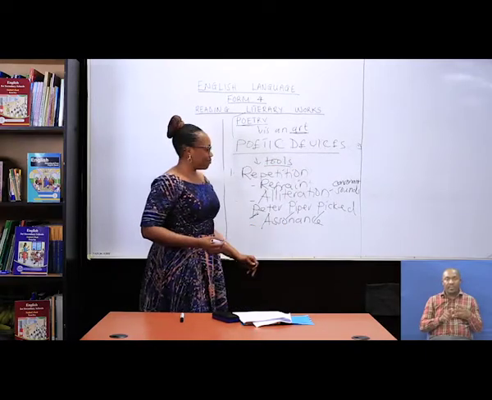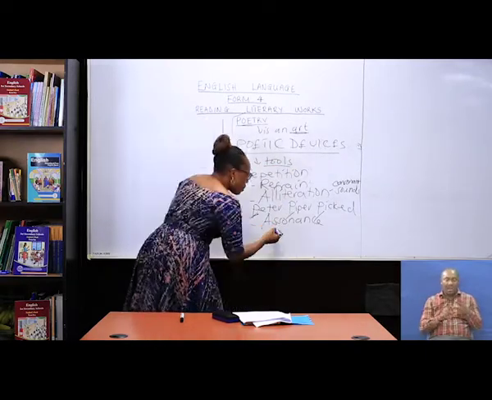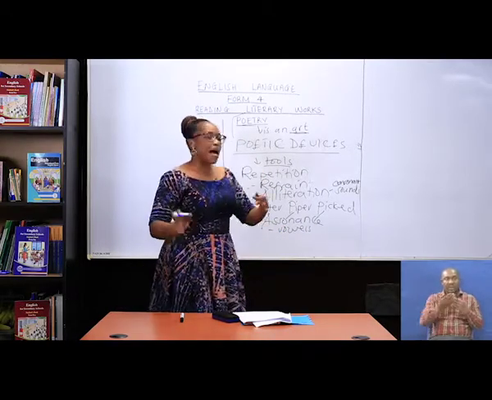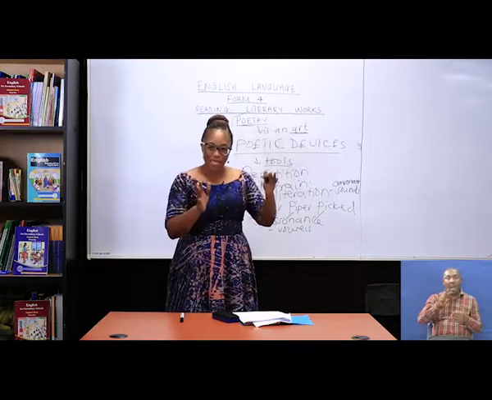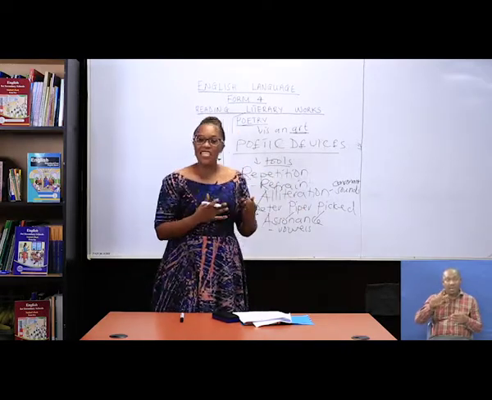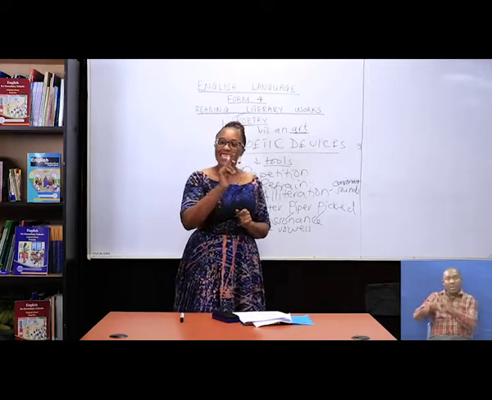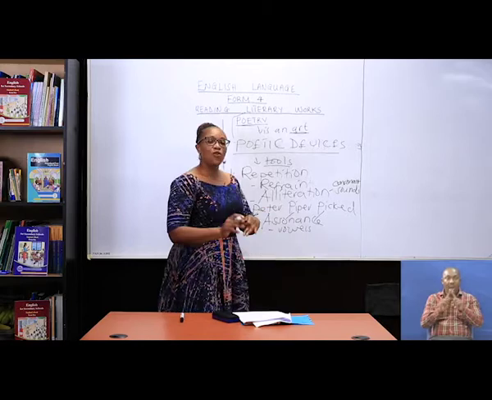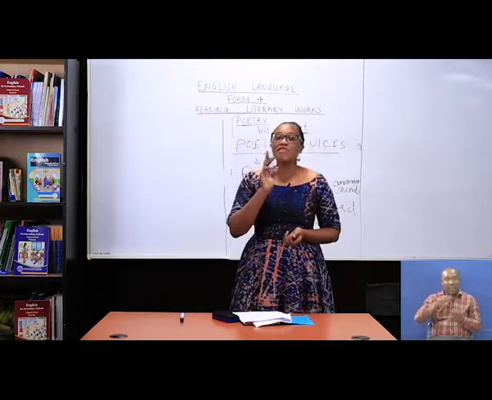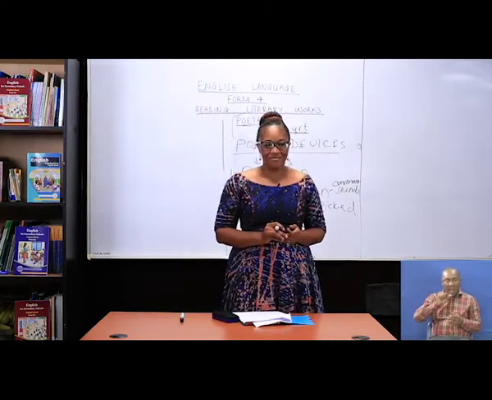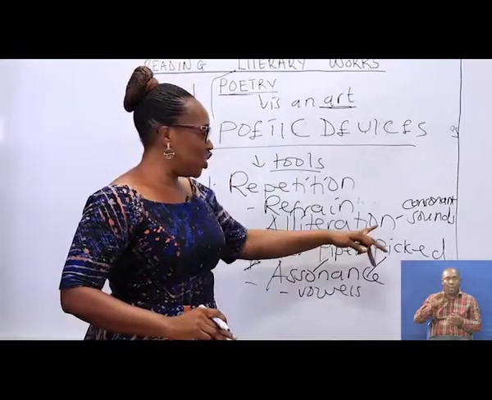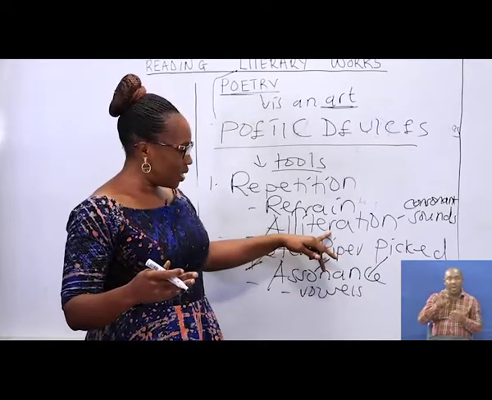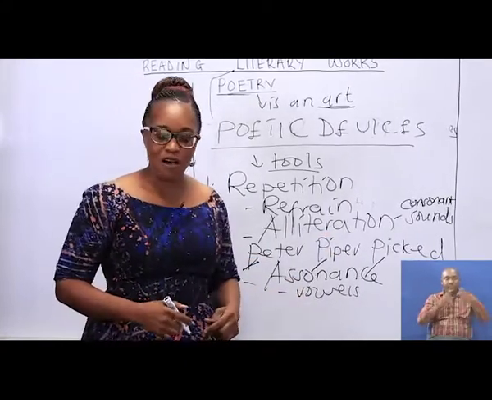In assonance, we have what we call the repetition of vowels. And this can happen anywhere, in the middle or even at the beginning of words, but they have to be in one line. So assonance is the repetition of vowel sounds in a verse. That's the difference between these two. This is the repetition of consonant sounds, but this is the repetition of vowels.